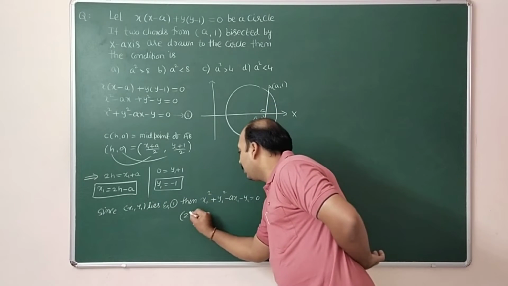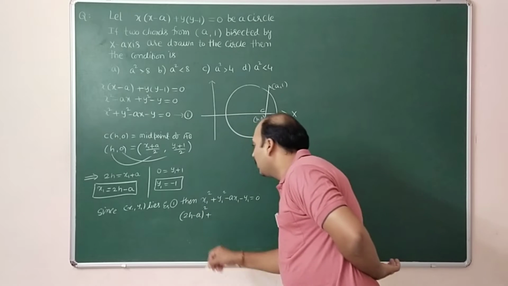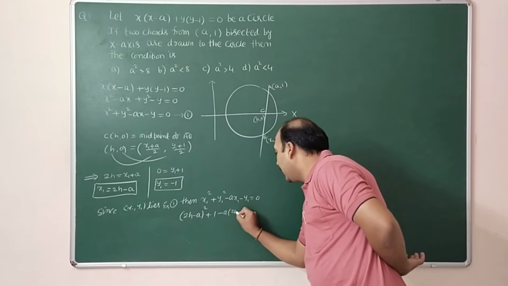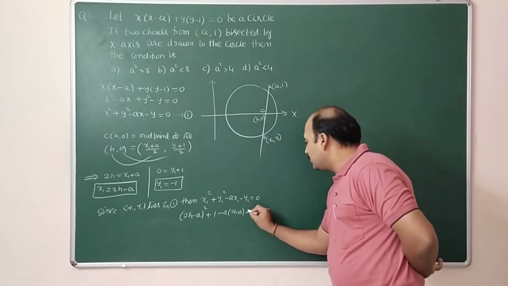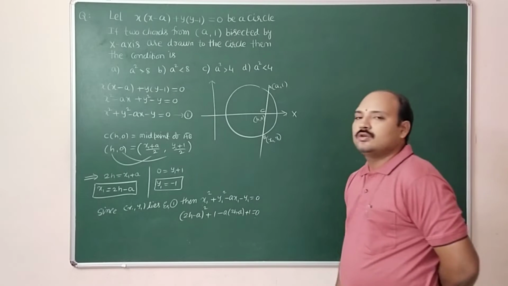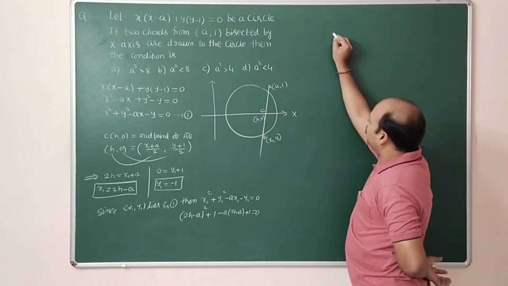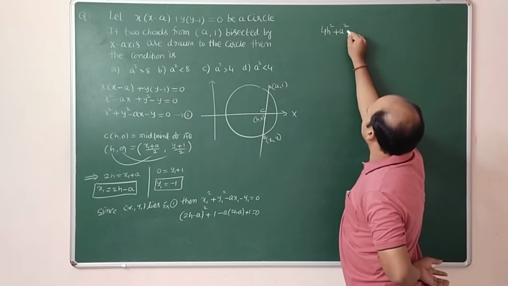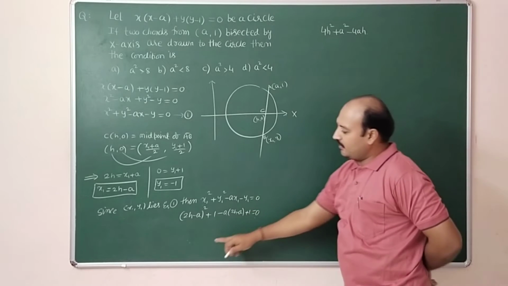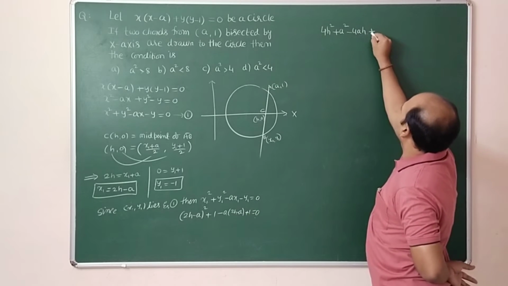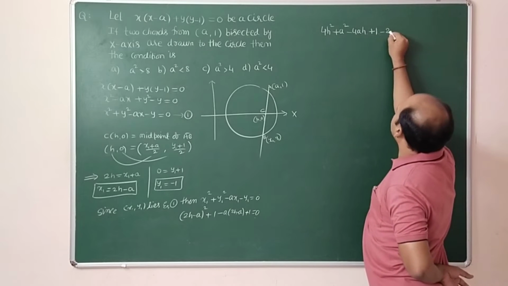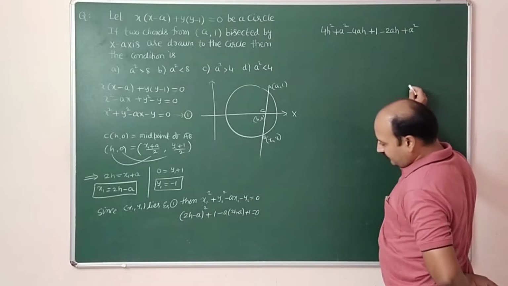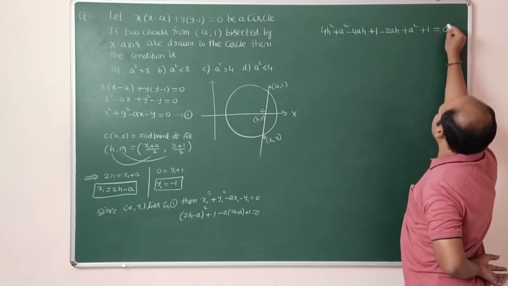You will get (2h minus a) whole square plus (minus 1) whole square minus a into (2h minus a) minus of (minus 1) plus 1. Again simplifying this, you will get 4h square plus a square minus 4ah, (a minus b) whole square expansion, plus 1 minus 2ah plus a square plus 1 equal to 0.